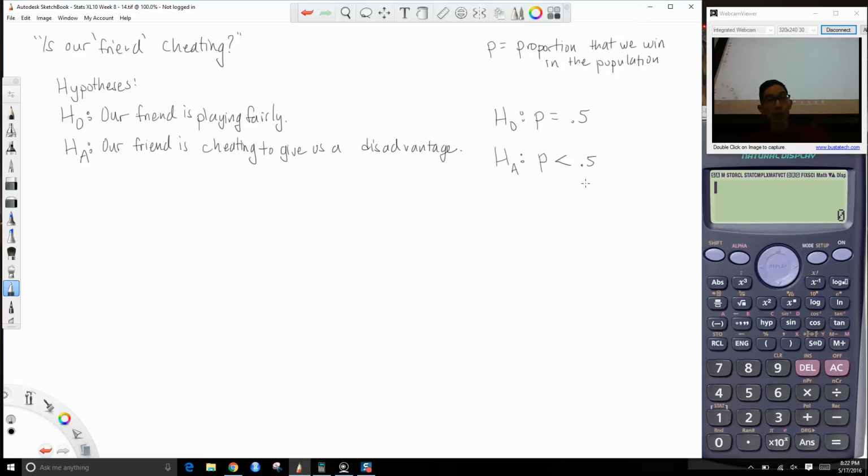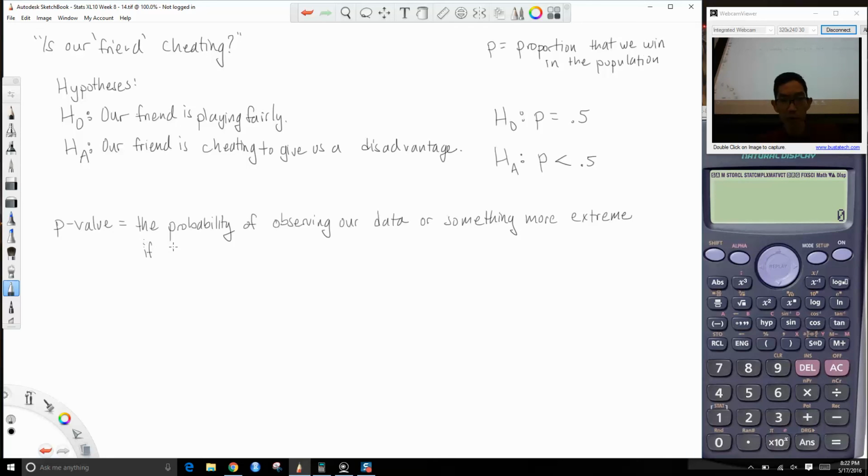All right, is this okay in setting up our hypotheses? All right, so our p-value in this situation is the probability of observing our data or something more extreme, if the null hypothesis were true.